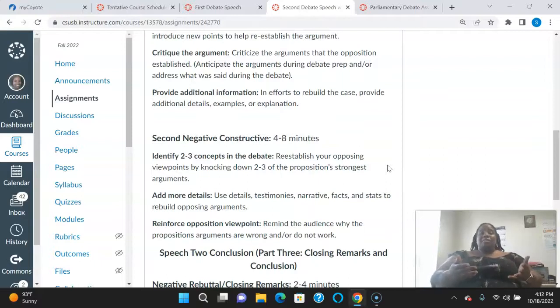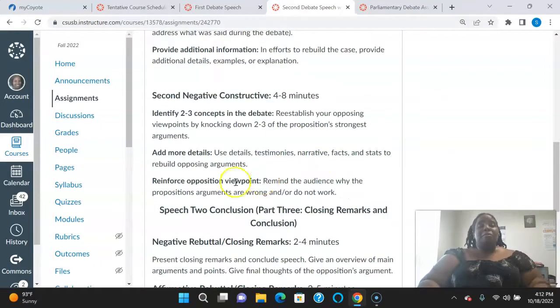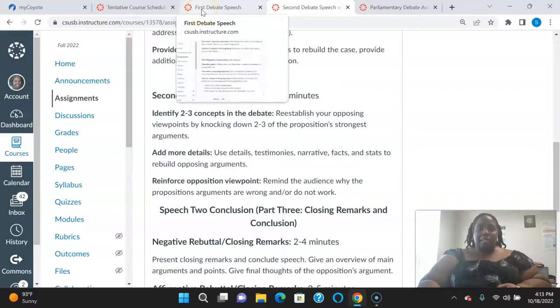So what you're going to do is to rebuild your opposition by establishing your viewpoints, knocking down the proposition's strongest viewpoints, because by this time you would have been able to hear those first arguments and know what they're going to say. So you can tweak and address what they said in this first debate speech.